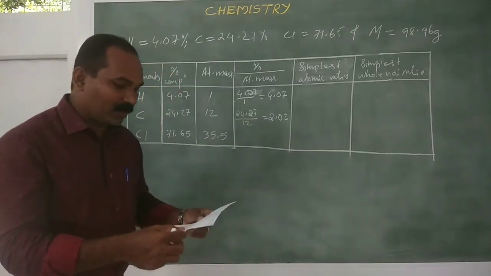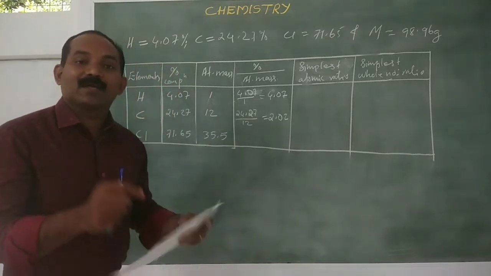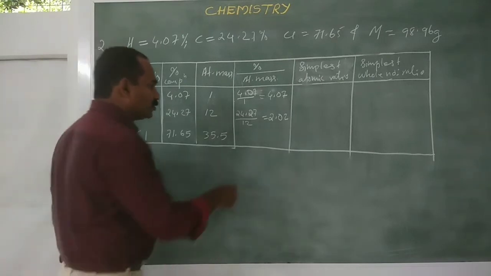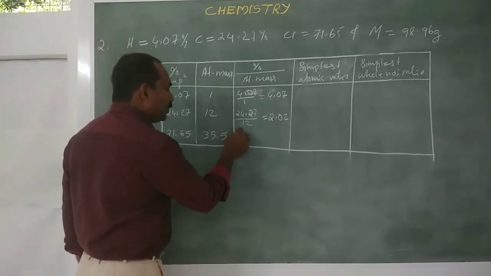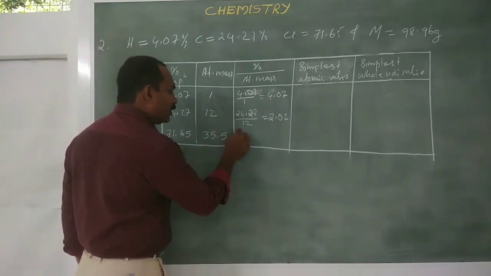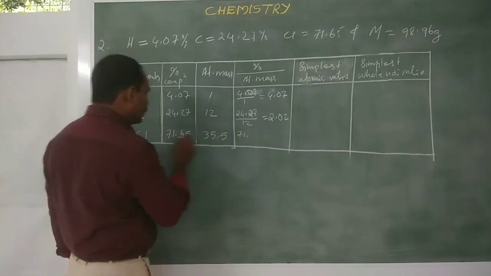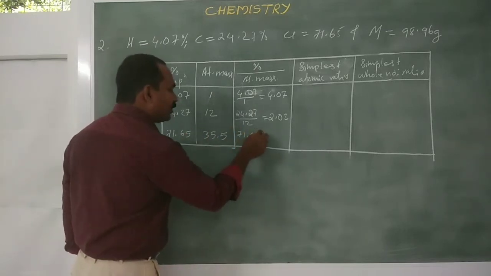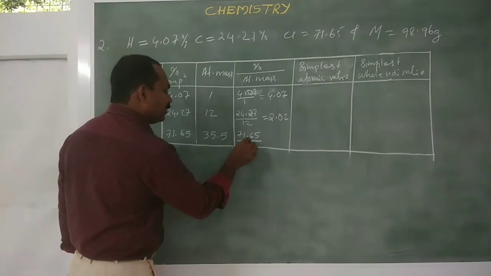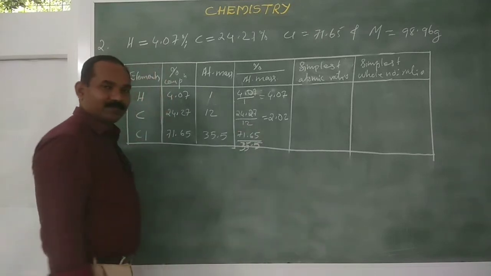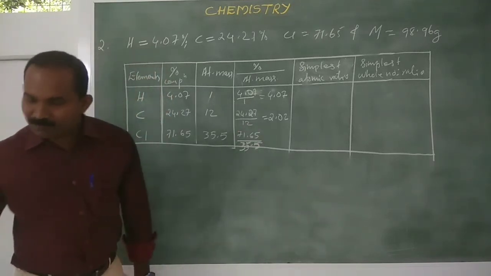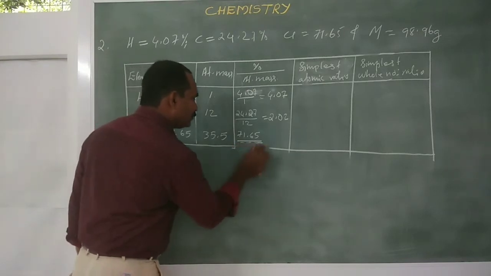Then 71.65 divided by 35.5, the atomic mass of chlorine.